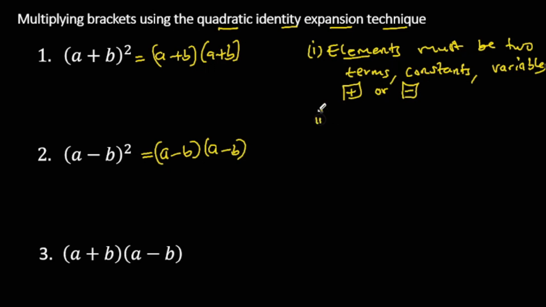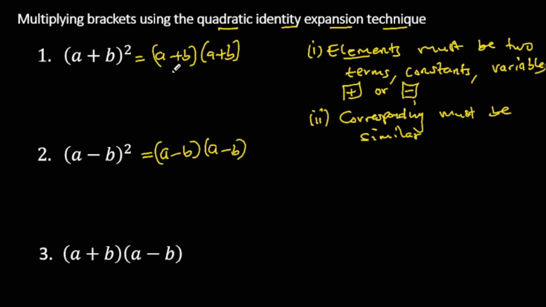The second rule is that these two elements, in their corresponding positions, must be similar. So corresponding elements must be similar. Let me explain this rule.